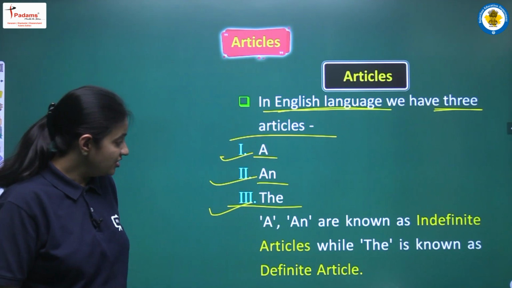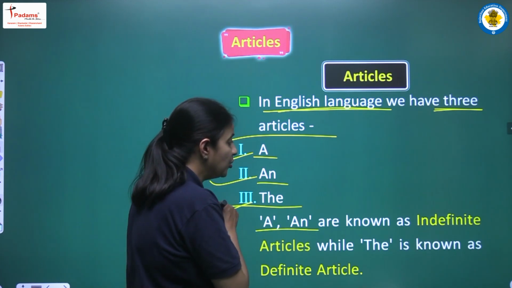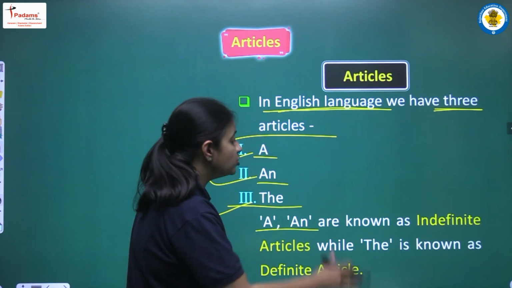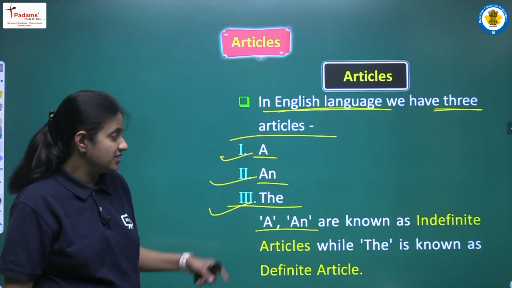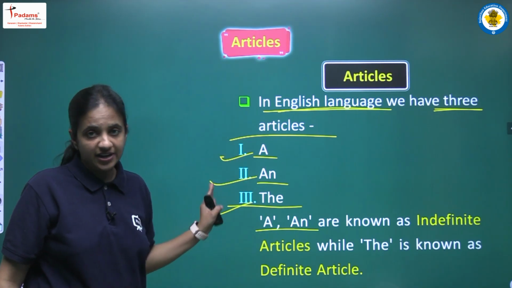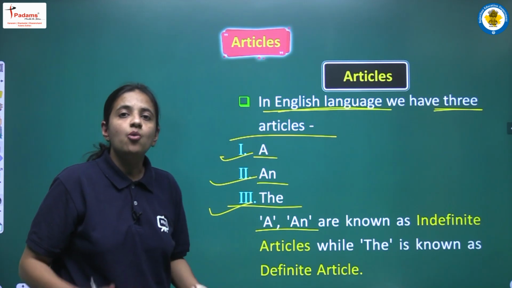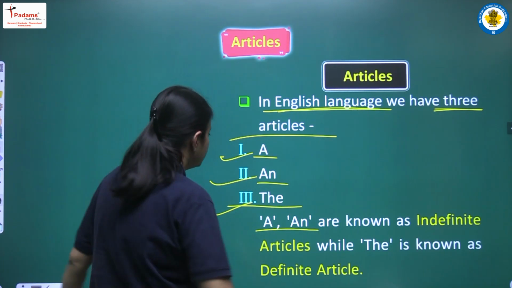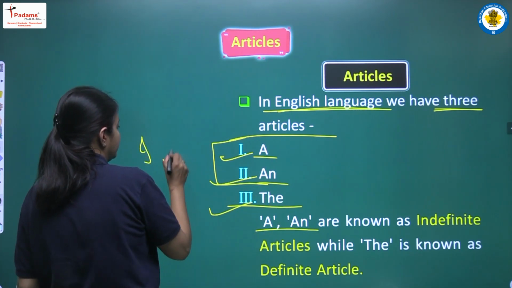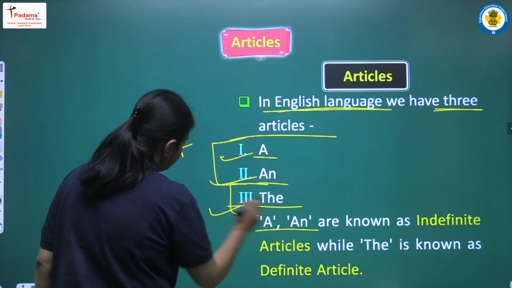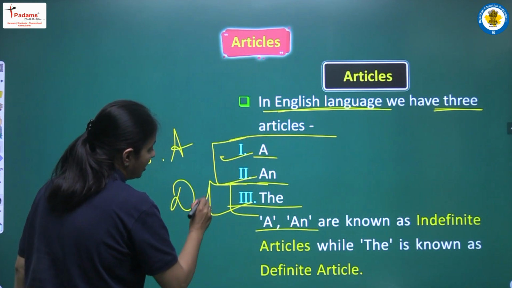Okay, next, a and an are known as indefinite articles, while the is known as the definite article. But we can have one more category, and according to that, a or an are known as indefinite articles, and the is known as a definite article.